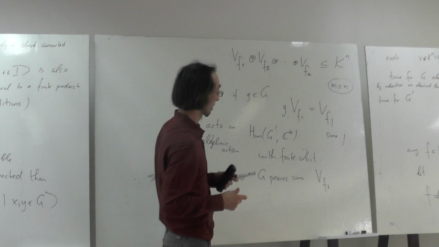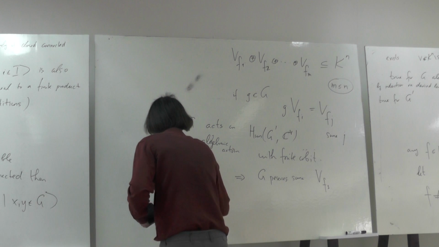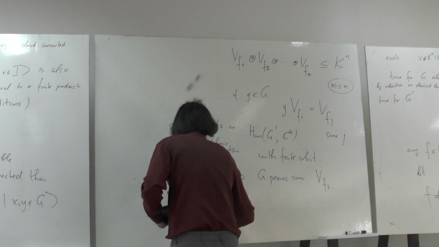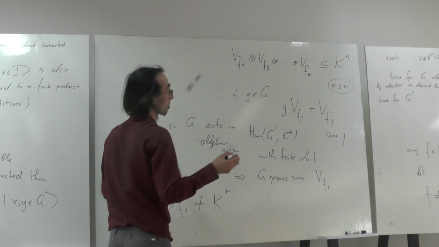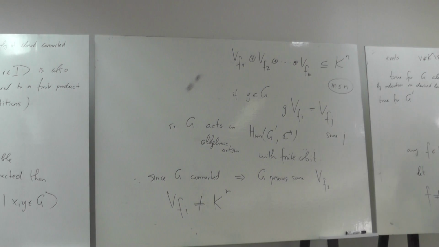But it cannot happen, because a claim is that V_fi cannot be equal to the whole K^n. Because what it means in this case is that G prime acts as scalars on the whole space, yeah? Every element acts as the same lambda. So it acts as scalars. But it also acts as matrices of determinant 1.